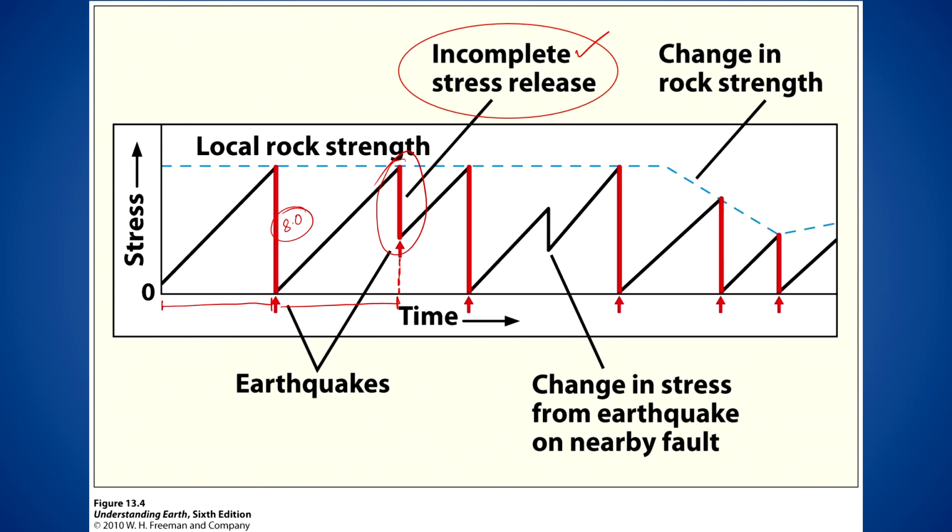So, change in the stress from earthquakes on a nearby fault, that is what we call the process of triggered stress. Because there are multiple lines which are under pressure or stress is building up here. So, if this has triggered the earthquake, it might trigger the earthquake on this in the next shorter period.